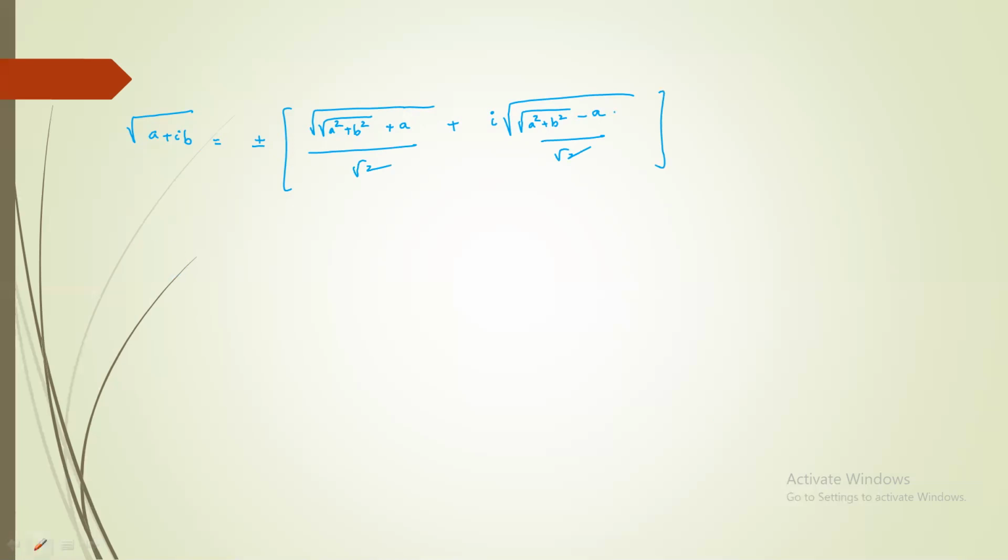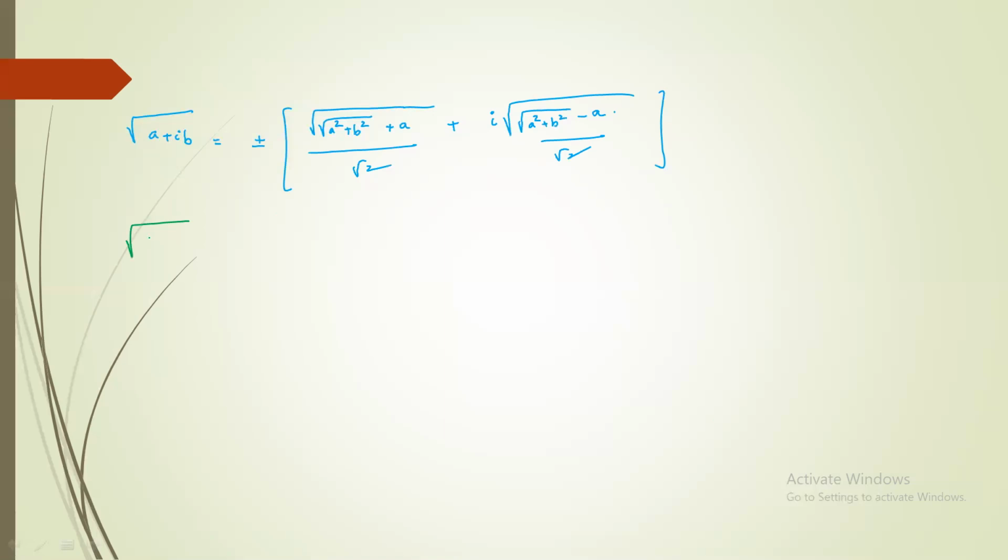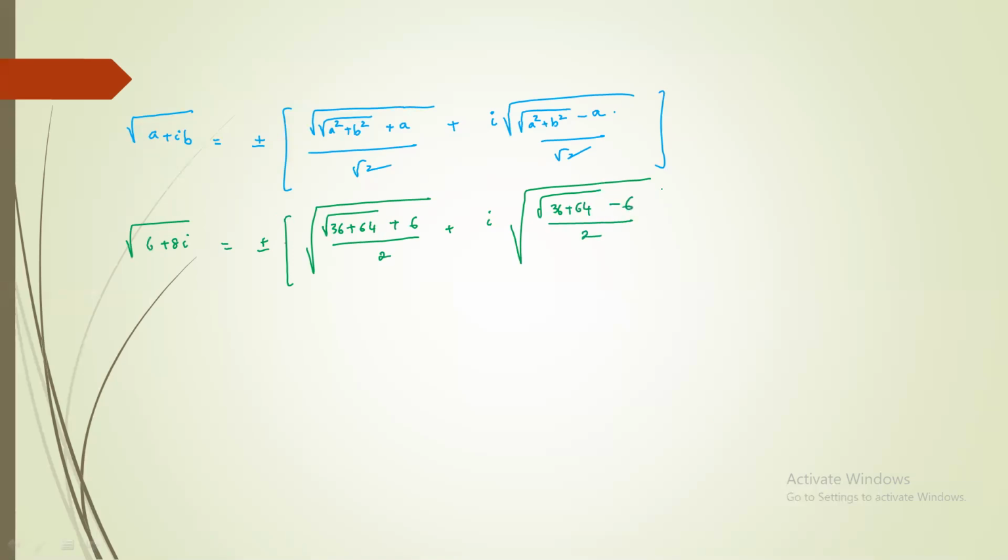For example, let us see how these examples can be done with the help of this formula. Suppose you want to find the square root of 6 plus 8i. It will be plus or minus square root of a square 6 square 36, 8 square 64 plus a, that is 6, by 2, plus i into square root of again 36 plus 64 minus a, that is 6, by 2.